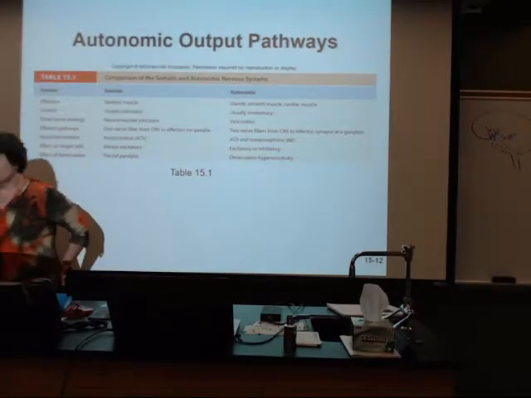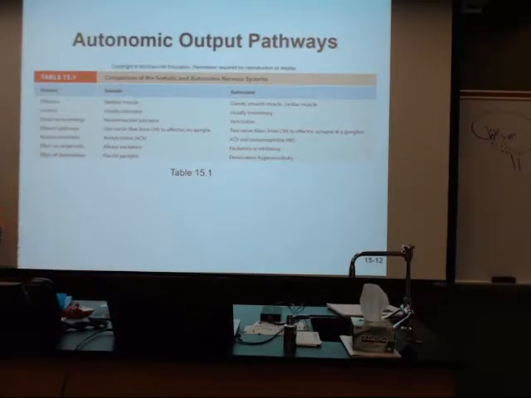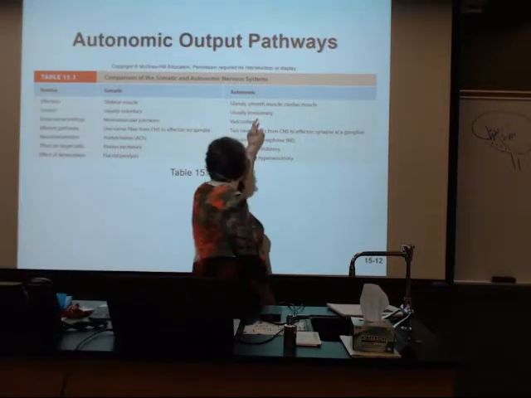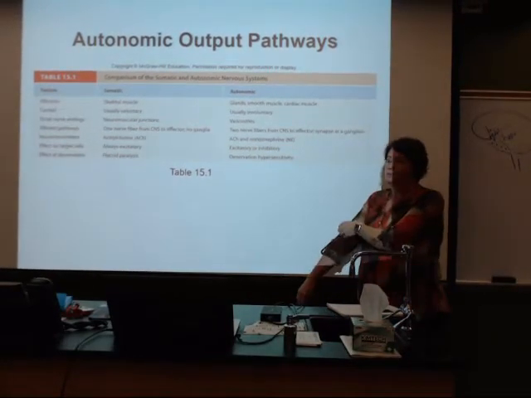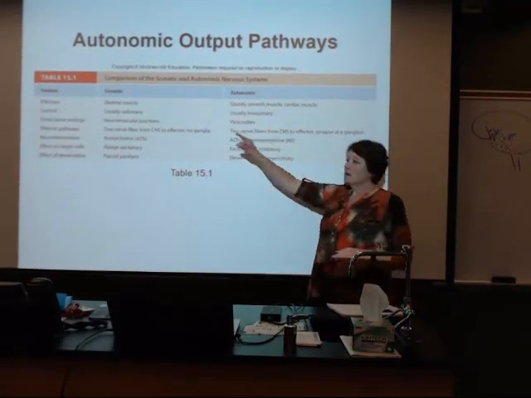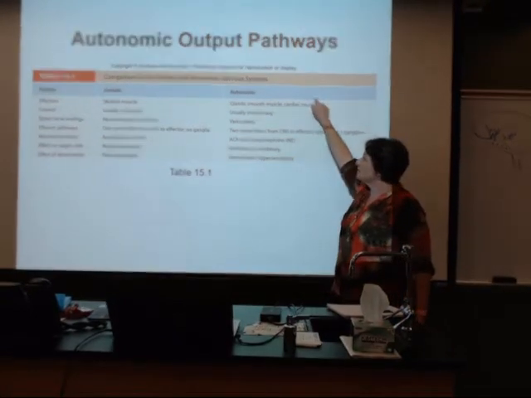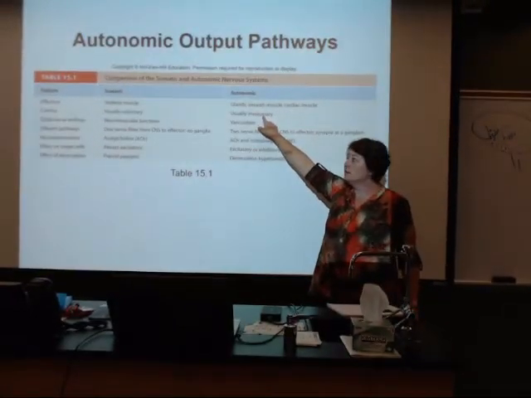So, what are the pathways that we get? Autonomic effectors: glands, smooth muscle, cardiac muscle. Our control for the autonomic is involuntary.